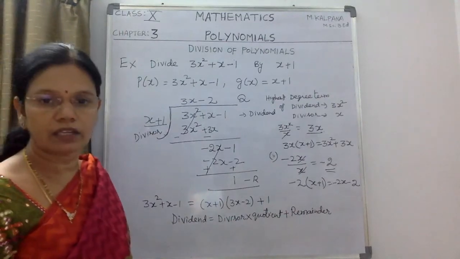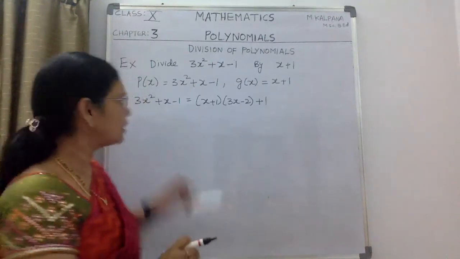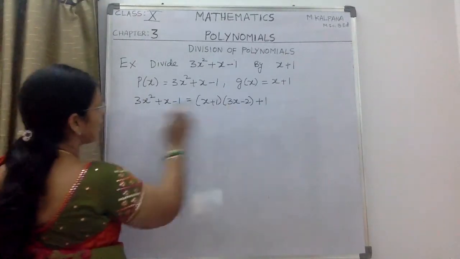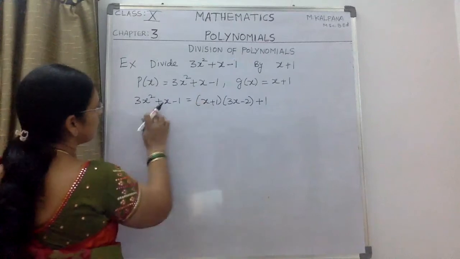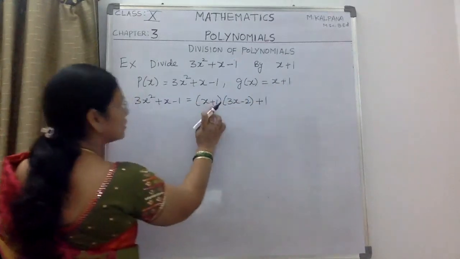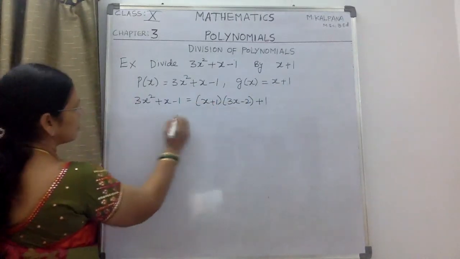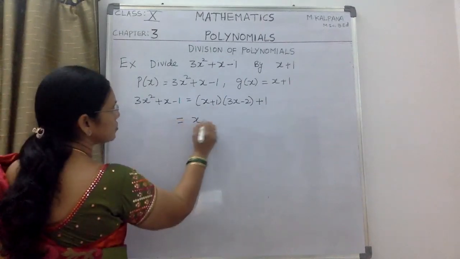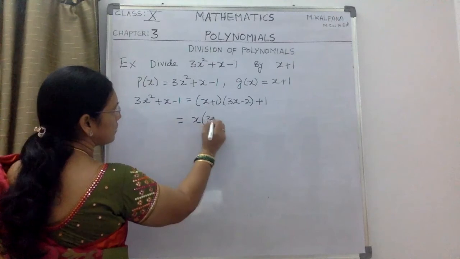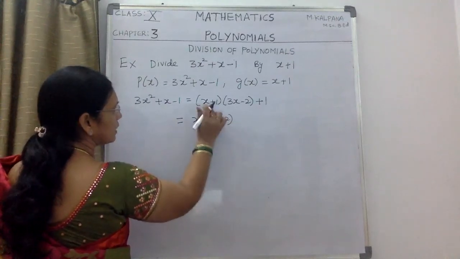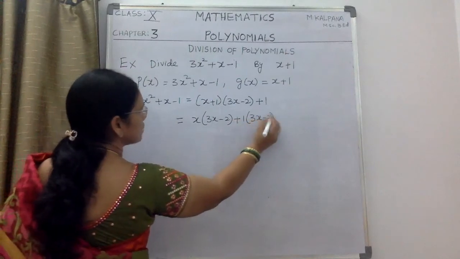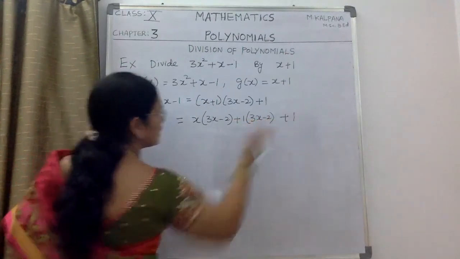Let us verify, children. So we got remainder as 1 and quotient as 3x minus 2, and this is the dividend and this is the divisor. So let us see, x into 3x minus 2. Let us do the multiplication. Plus 1 into 3x minus 2 here, and there is already remainder 1.